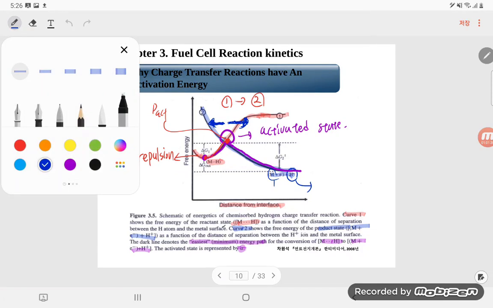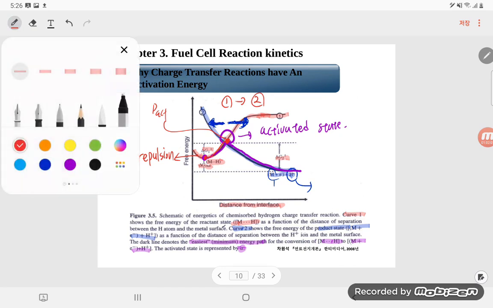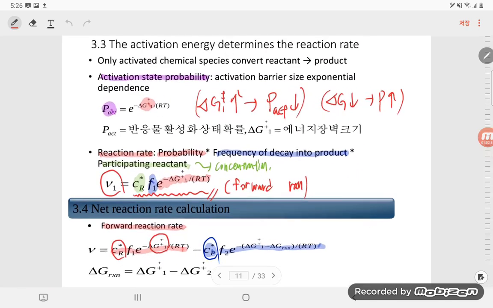If we see this one, delta G1 is the activation barrier for the forward reaction, and this is the delta G reaction. From this reaction, the overall energy is reduced by that amount, and delta G2 is the same as delta G1 plus delta G reaction.